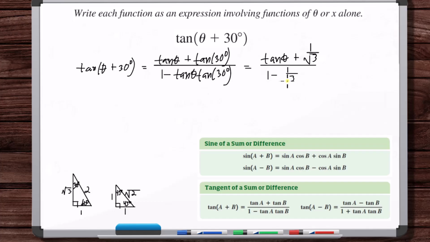One minus 1 over root 3 tangent theta. So let's see. Let's multiply this by 1 in the form of root 3 over root 3. So that's going to be root 3 tangent theta plus 1 over, root 3 minus tangent theta. Okay, there we go.